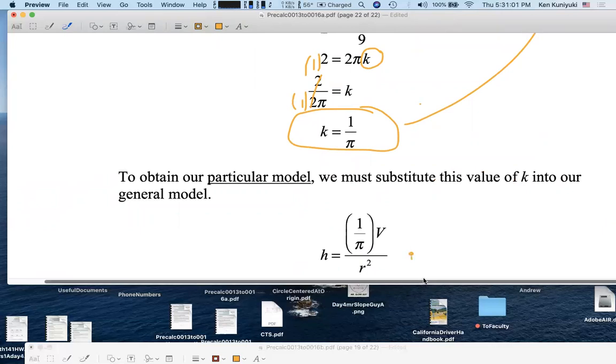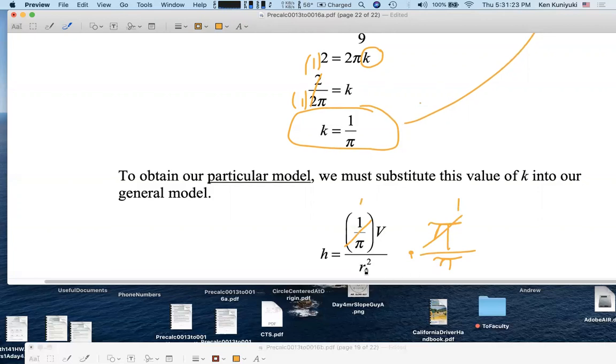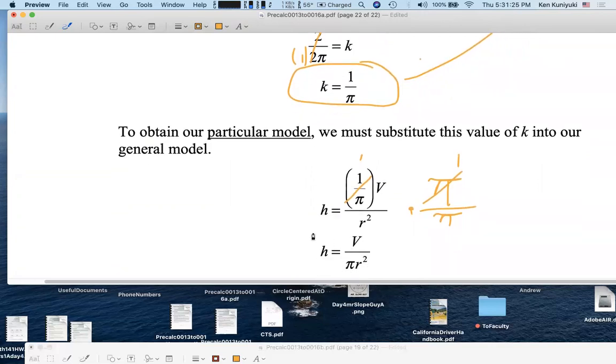Let's multiply by pi over pi. We're multiplying by 1 creatively in such a way that we're going to get rid of that little denominator there. 1 over pi times pi is 1. We still have the v up there. And then the pi down here moves over with the r squared. So we get h equals v over pi r squared.